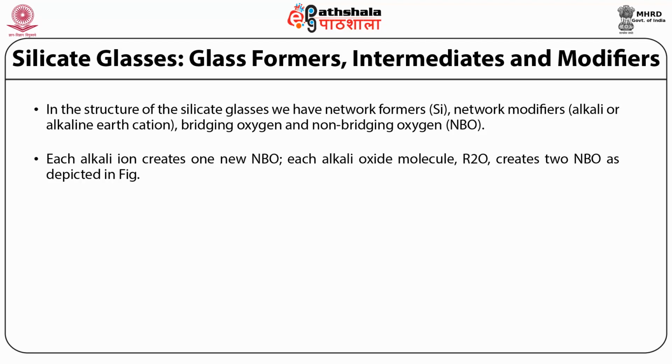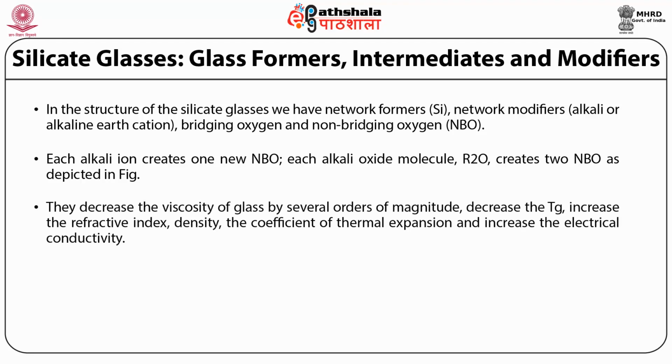Adding alkalis increases the density of the glass because it fills the holes in the network, which can be seen in this figure shown below. Therefore, the alkalis are fluxes. They decrease the viscosity of glass by several orders of magnitude and decrease the value of Tg.